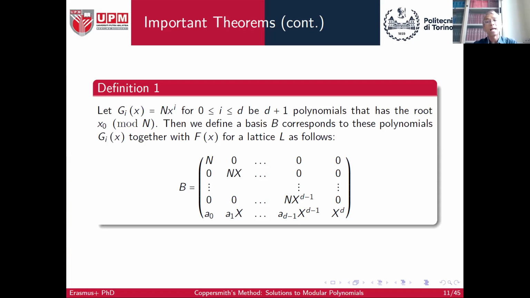Personally, I sometimes find that this approach, although straightforward, is a little bit complicated, because sometimes the straightforward method does not output the solution as we wish, but sometimes it does. So this definition itself is applicable in solving the modular polynomial, but sometimes it does not do it straightforwardly.